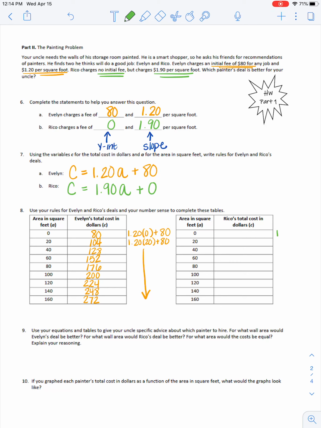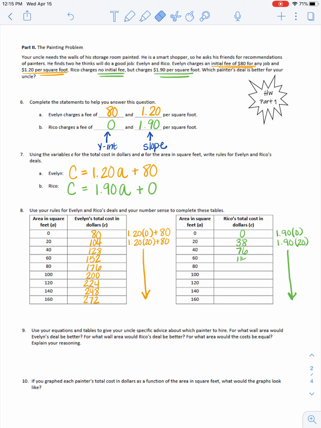Okay, I'm going to do the same thing with Rico. I'm going to use his rule, which is 1.9 times the area. And I'm going to do the same thing over here, just substituting in the new area each time. And that's going to give me 0, 38, 76, 114, 152.